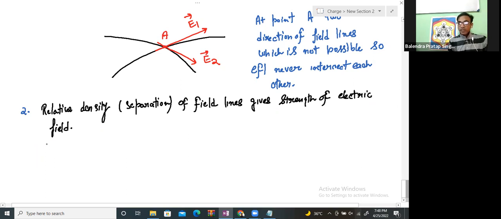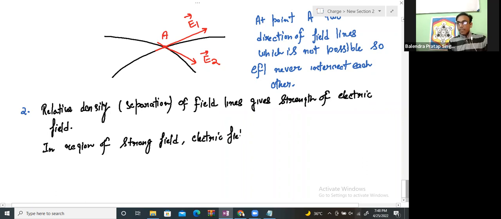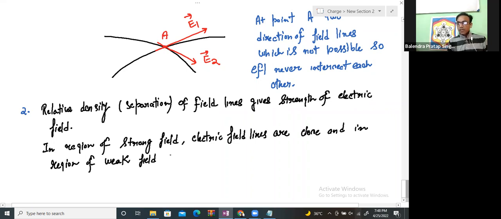So you can write one more point: in a region of a strong field, the electric field lines are close, and in a region of weak field, they are comparatively far apart.